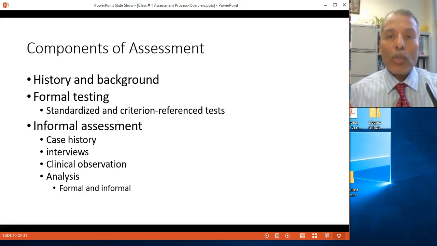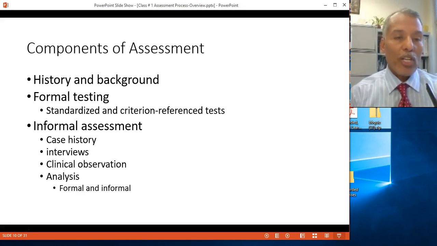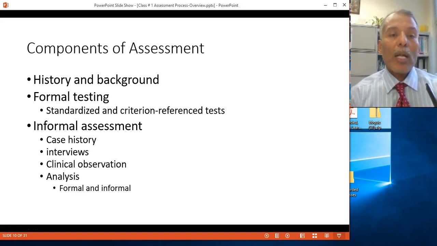Interviews with parents, with teachers, with caregivers, any person who knows the client intimately, or if the client is able to communicate well, you could also interview the client, especially in the case of adults. But if they have a significant aphasia, then you are going to have someone else who can help with the interviews, their wives and so on, or husbands.